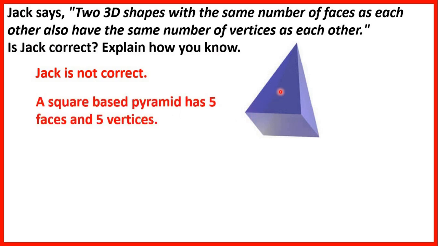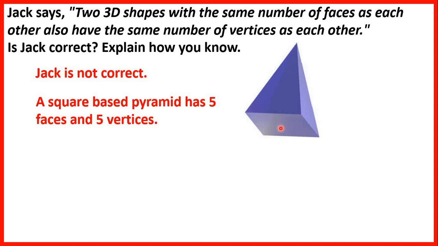So if we take this shape here, a square-based pyramid has 5 faces and 5 vertices. Remember, the faces are the flat bits, so we have a flat square face at the bottom, and then we have 4 triangular faces connecting each edge of the square to the top of the pyramid.